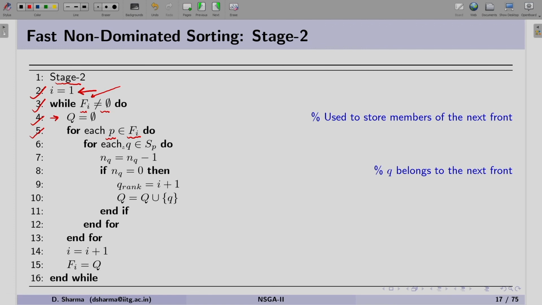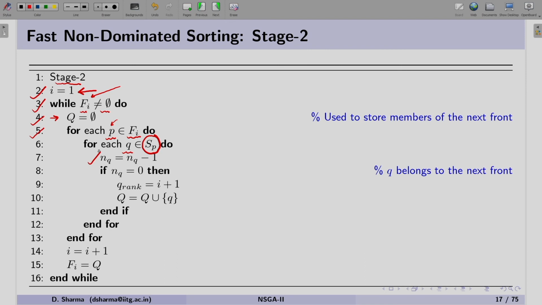Now for all those solutions P which belong to Fi, we will find their SP, meaning the solutions that are dominated by P. So we take Q belonging to the set SP. And for the solutions lying in SP, we are subtracting 1 from NQ.